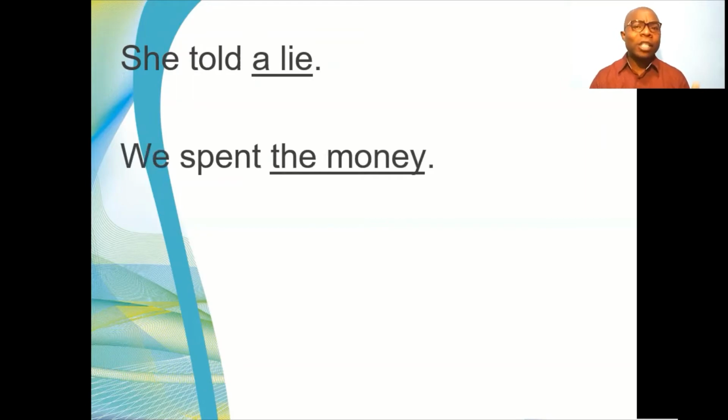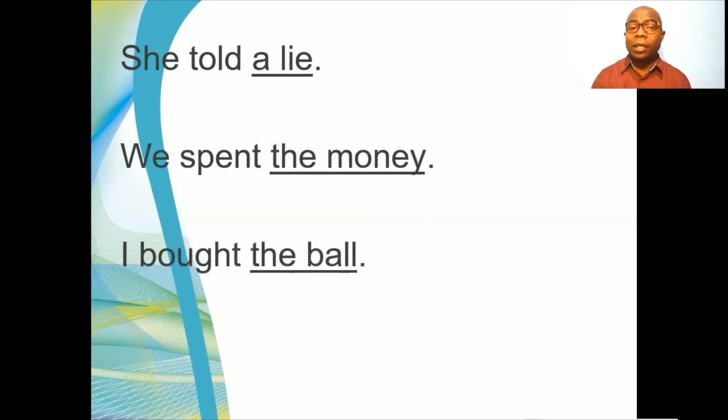The money is the object, which means that the verb spent is a transitive verb. I bought the ball. The ball is the object, and it completes the sense. We saw her. Her is the object. So these are transitive verbs, and they are appropriately used transitively.